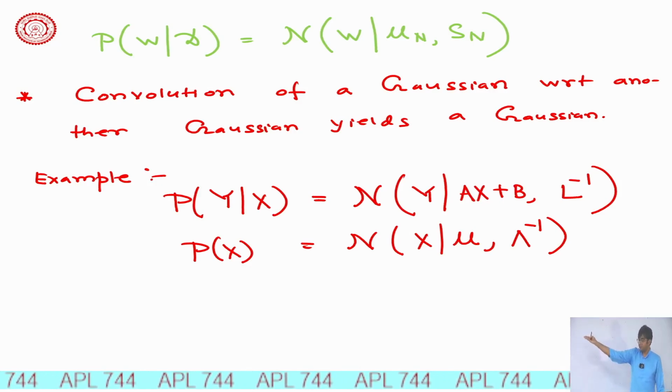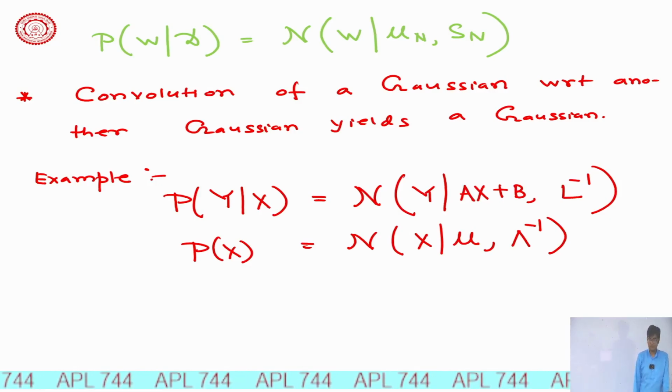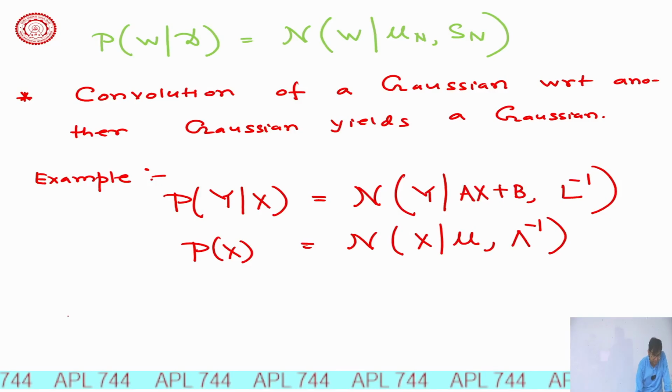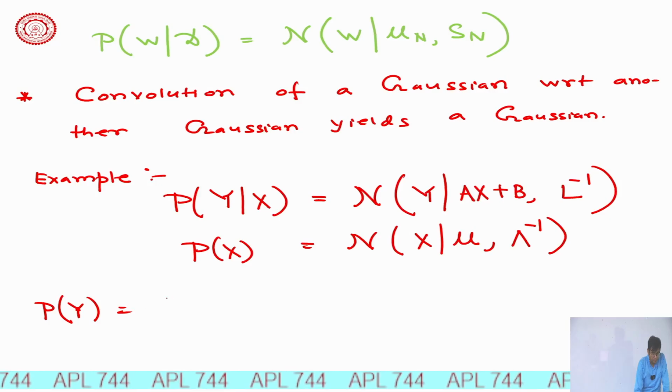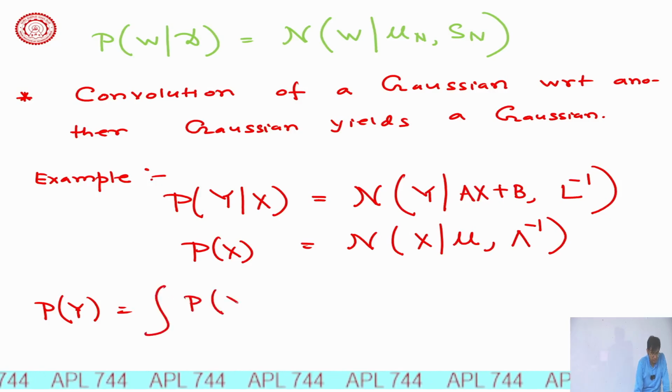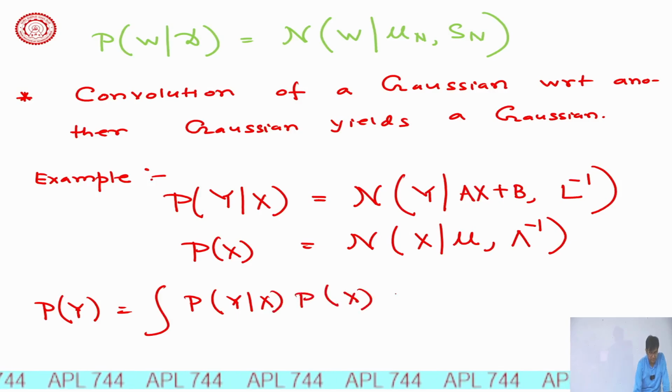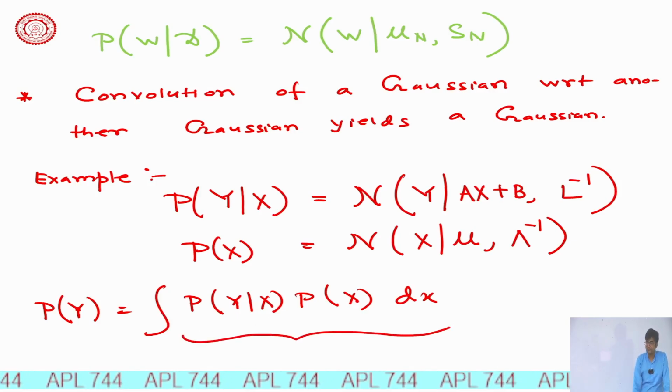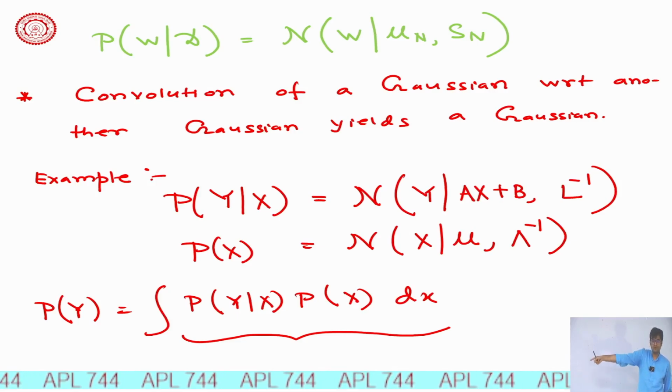So, the first term is a conditional, the second one is on x. So, probability of y is equal to integration of probability of y given x, probability of x dx. So, this is basically the convolution of a Gaussian with respect to Gaussian. So, whenever you see an equation of this form, this is the convolution equation.